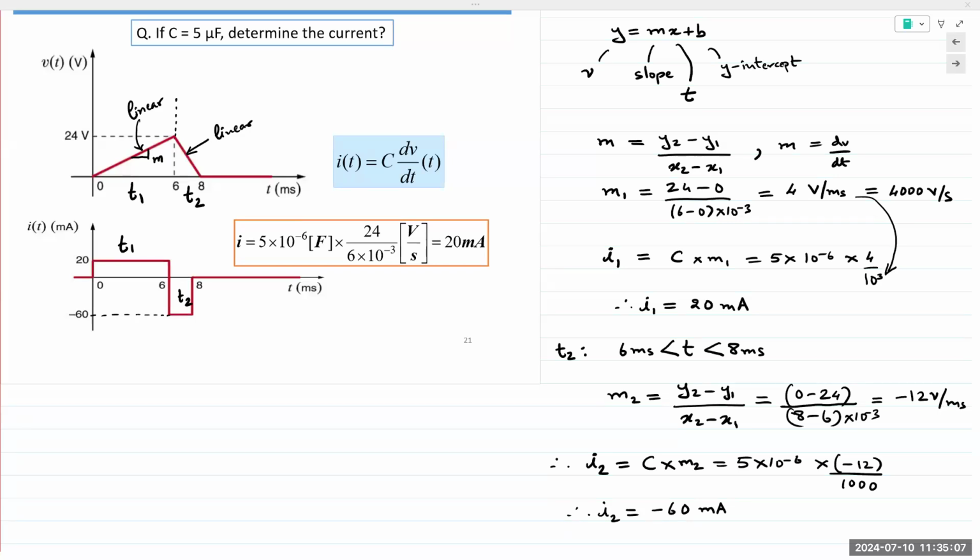The procedure makes sense? Any questions before I move on? Okay.